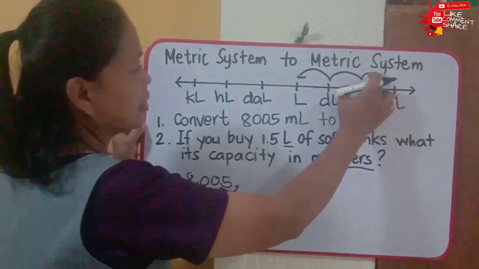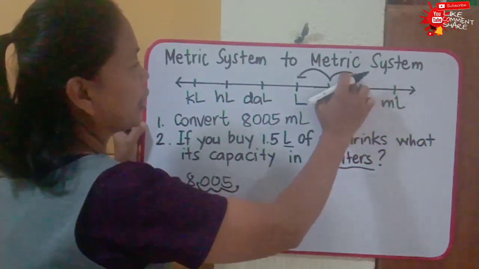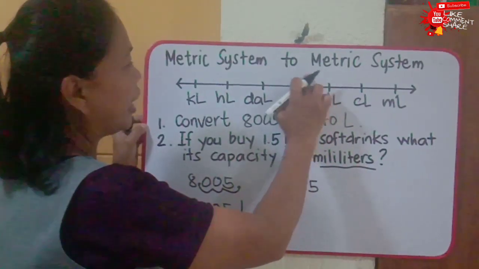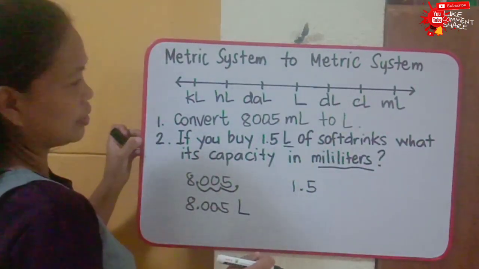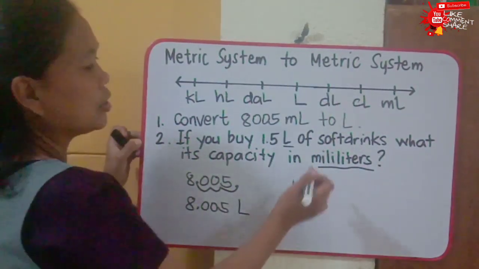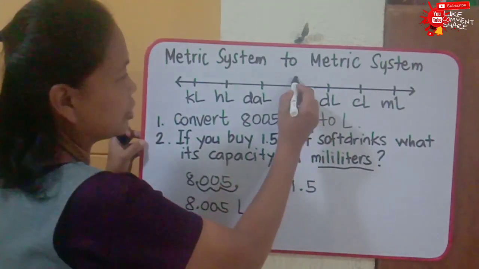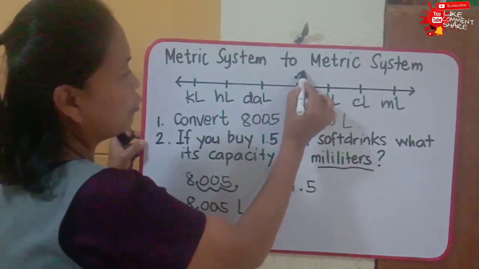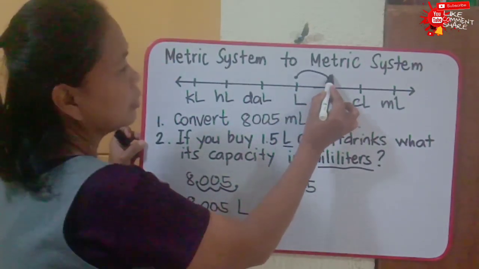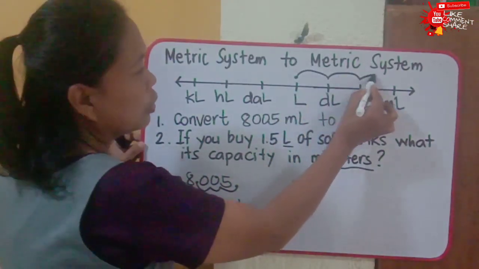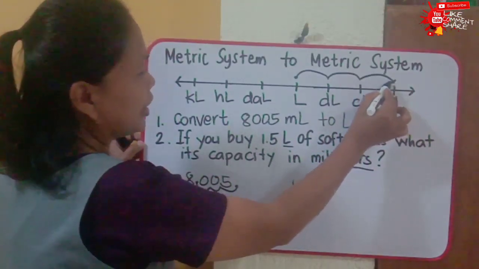So let us erase this first so that we can count the spaces. So we have here liter to milliliter. So we have to start with liter. So move 1 space, 1, 2, 3. So we end up with milliliter.